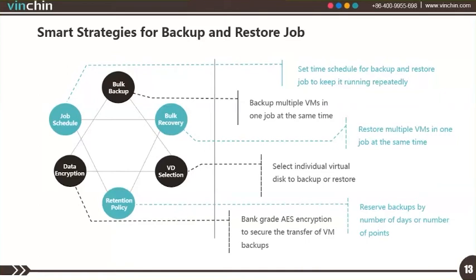And also you can use the retention policy inside the Vinchin server to schedule to reserve your backups by number of days or number of points. For example, if I want to reserve my restore points for 30 days, I can just use Vinchin Web Console to make the schedule.